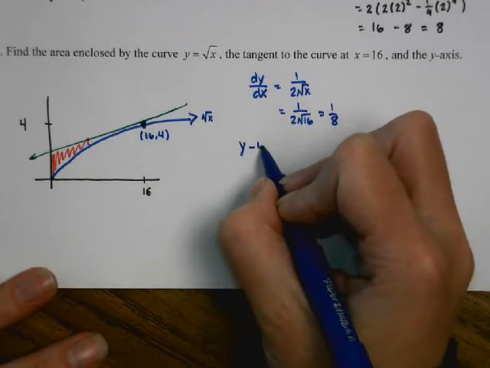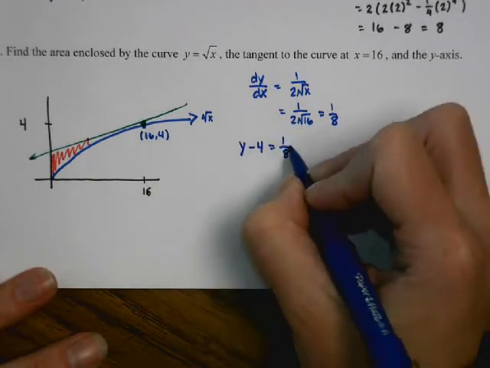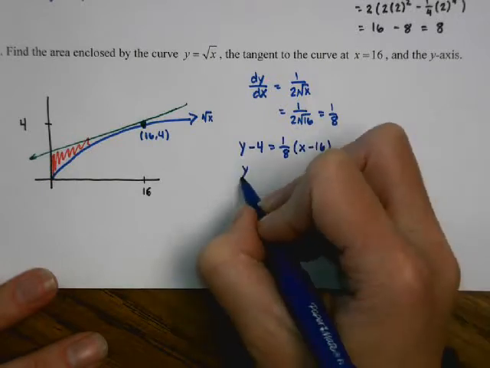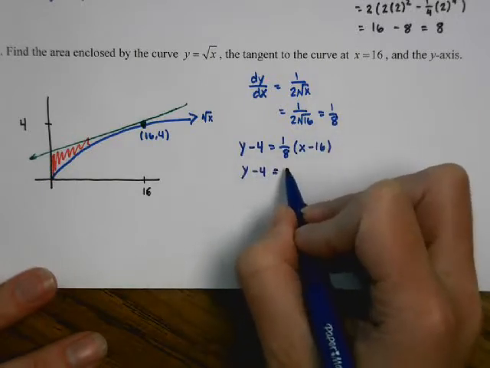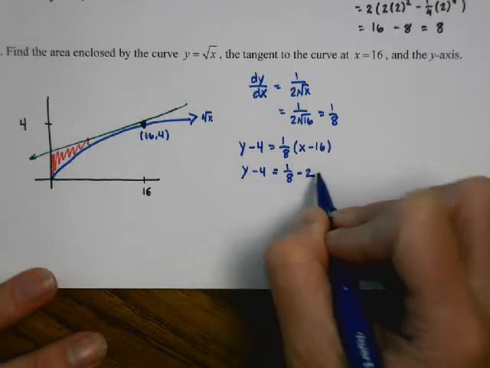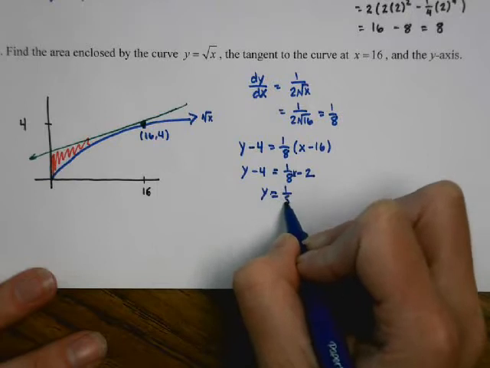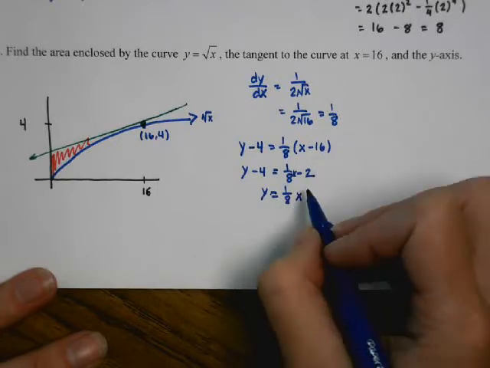So we're going to have y minus 4 equals 1/8 times x minus 16. So y equals 1/8 x plus 2.